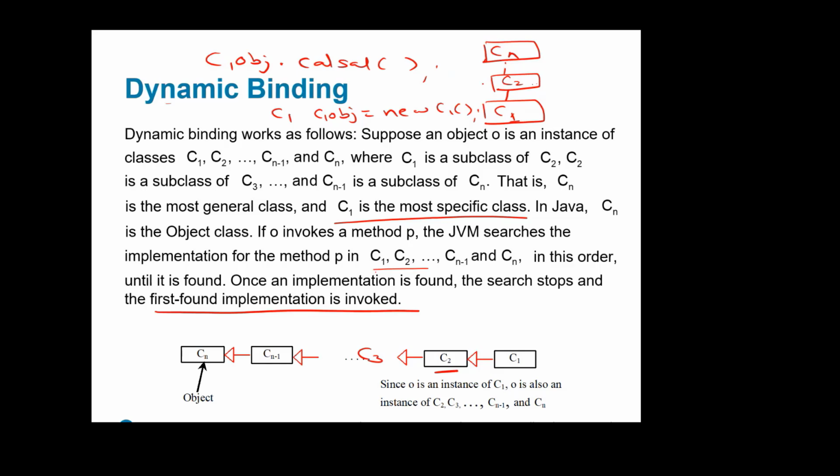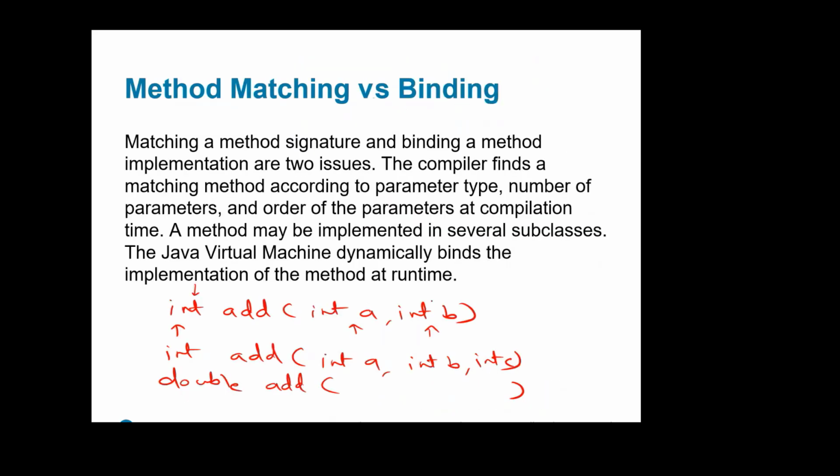If we created an object of C2, then it is going to execute the method implemented in C2 and so on. So here the method need not have a different signature. The method might have the same parameters and the same return types. It is still okay. But when we are matching in overloading, we want at least one thing to be different.